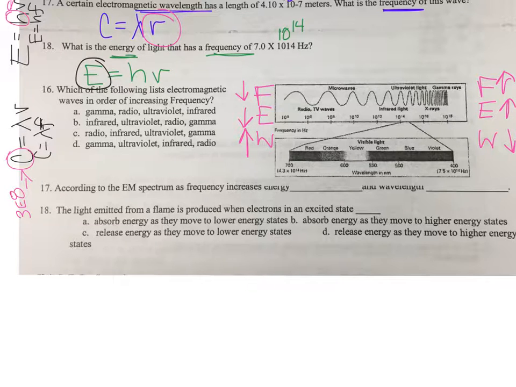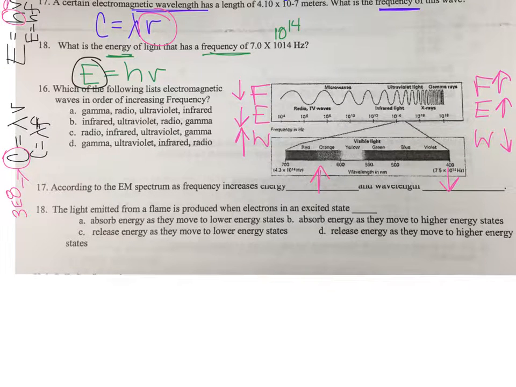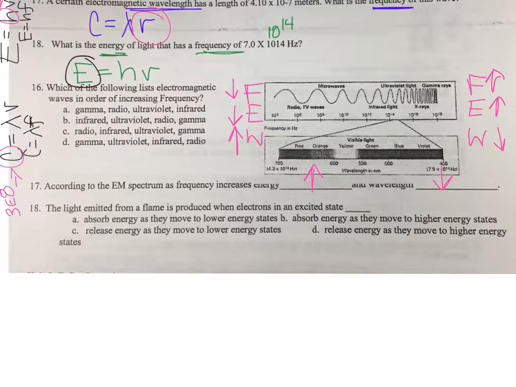The next one says, according to the EM spectrum, as frequency increases, energy increases and wavelength decreases. Good. The light emitted from a flame is produced when electrons in an excited state. This was the most missed question on your last test, by the way, so we're going to do this one. Light emitted is when the electrons do what?